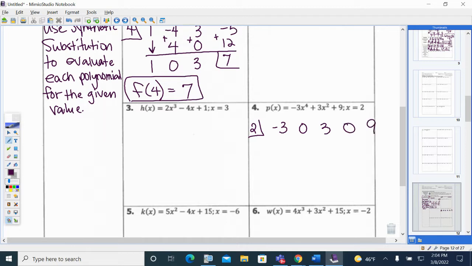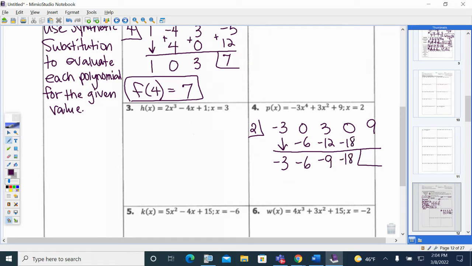So if you think in terms of that vocabulary, hopefully you won't miss a term that's missing. You'll remember the 0. So we're going to bring down the negative 3. 2 times negative 3 is negative 6. 0 plus negative 6 is negative 6. 2 times negative 6 is negative 12. 3 plus negative 12 is negative 9. 2 times negative 9 is negative 18. 0 plus negative 18 is still negative 18.